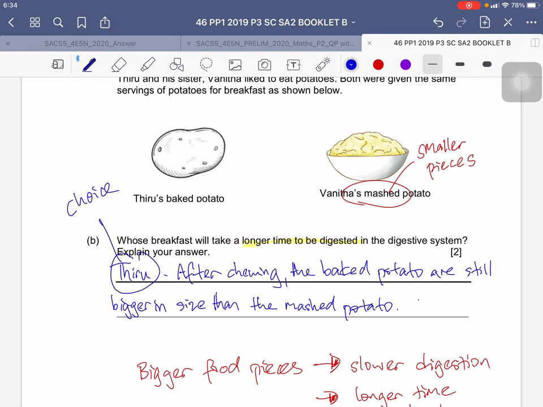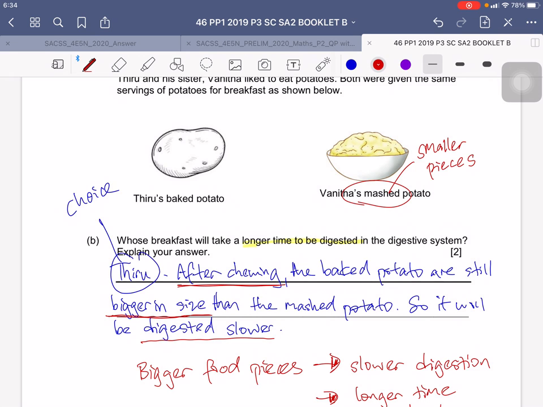So the food will be digested slower. Okay, so that's it. Digested slower because the food are bigger in size after you chew. So we are now comparing between the baked potato and the mashed potato.